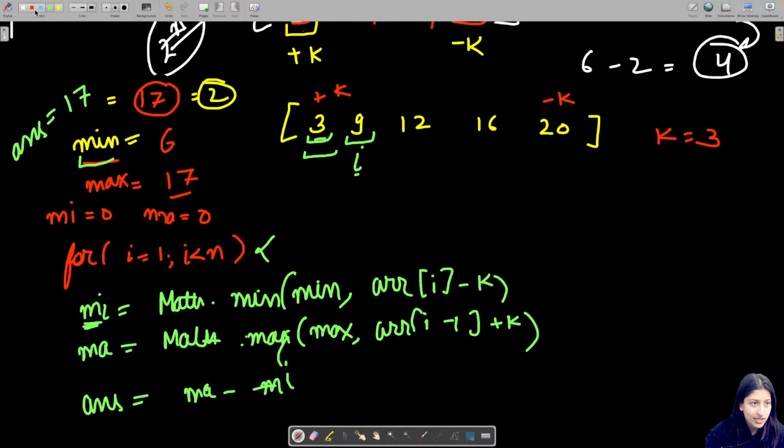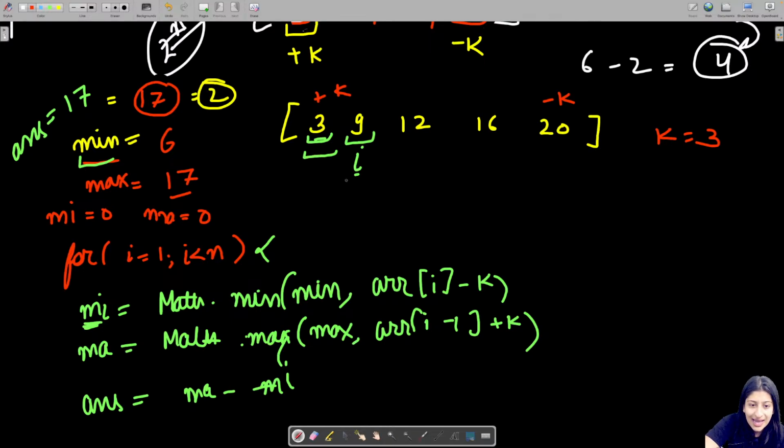Let's do a quick dry run so that you can understand. Minimum initially was 6, maximum initially was 20 minus 3, that is 17. mi 0, ma 0. Answer 17. You are starting from i equal to 1. Check what is your mi. So mi will be min of ARR of i minus k.